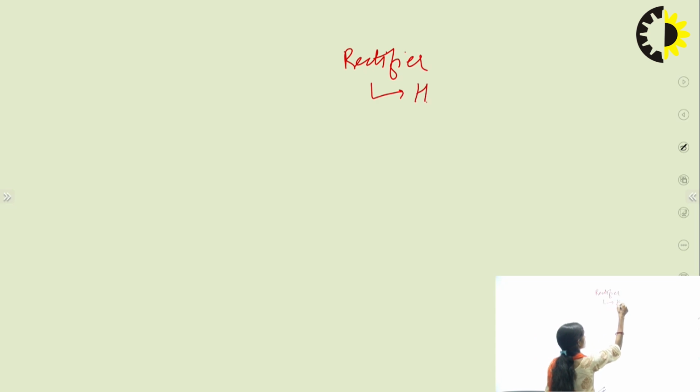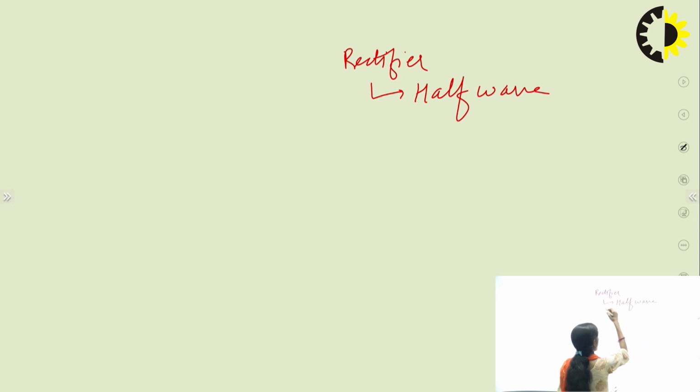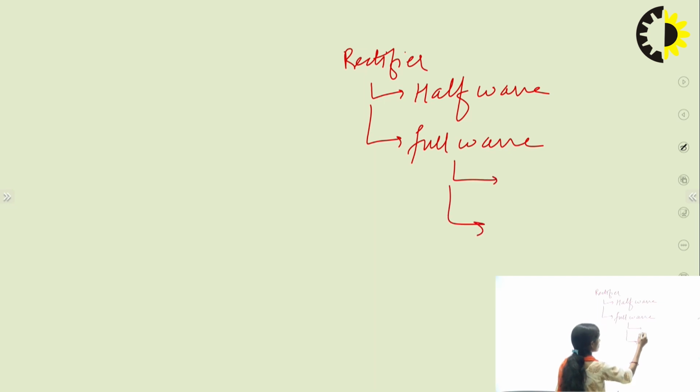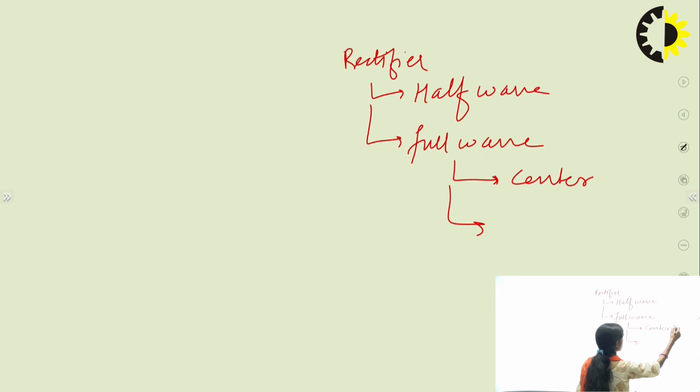Rectifier is basically of two types on the basis of signal generation: half wave rectifier and full wave rectifier. Full wave rectifier is again of two types. It is classified as center-tapped full wave rectifier and bridge rectifier.